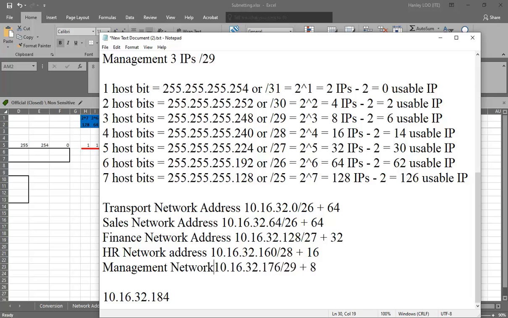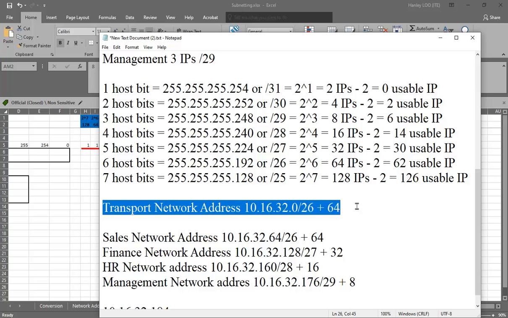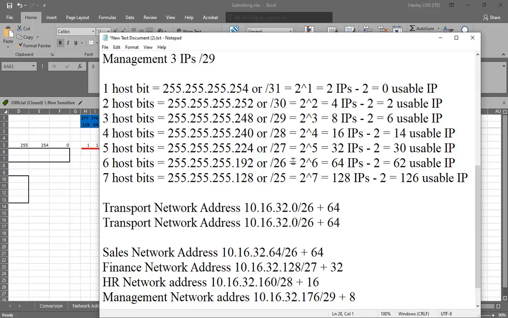This will also allow me to calculate the range of usable addresses. So for transport, in order to get the broadcast address for the transport group, we will need to look at the next subnet's network address, which in this case will be sales, which has a network address of 10.16.0.64.